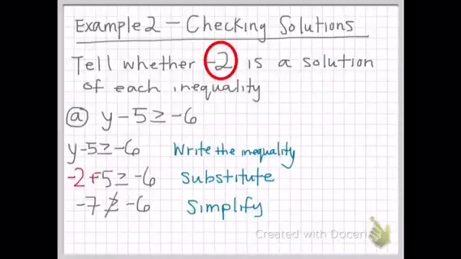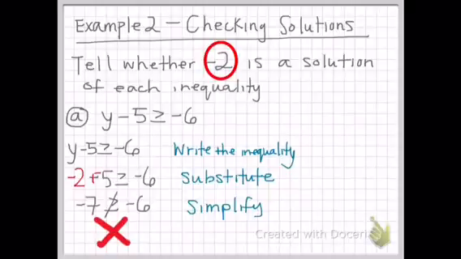No. There are more negatives. It's like when you're in debt $7. So it is not true. It is not greater than -6. So you would get a red marker, and you would say no. Okay, not a solution.